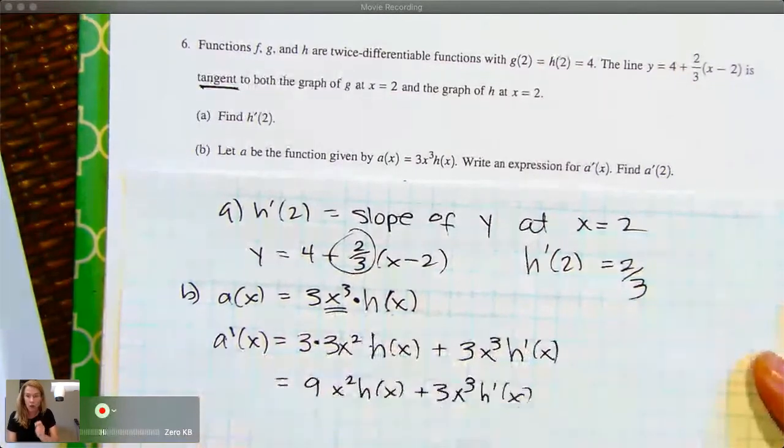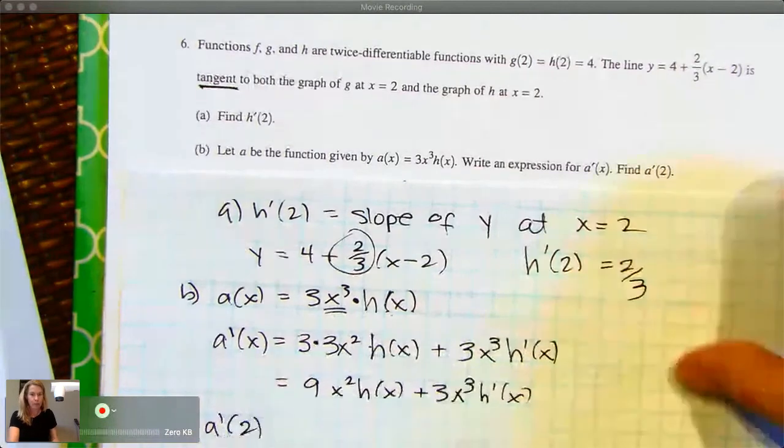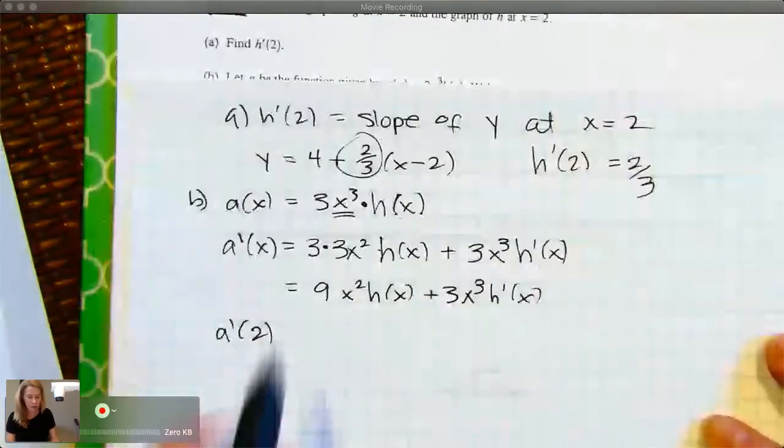Lovely. Your job now is, what's a prime evaluated at 2? Go ahead and evaluate that.